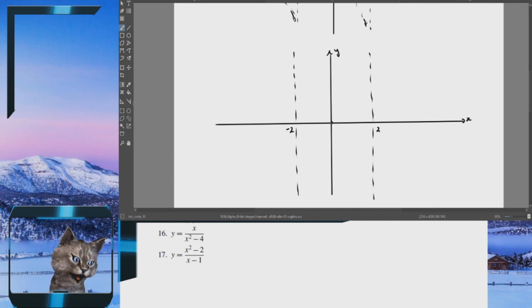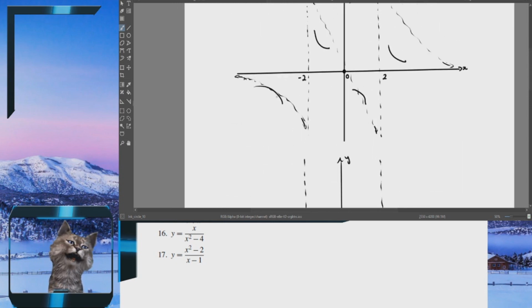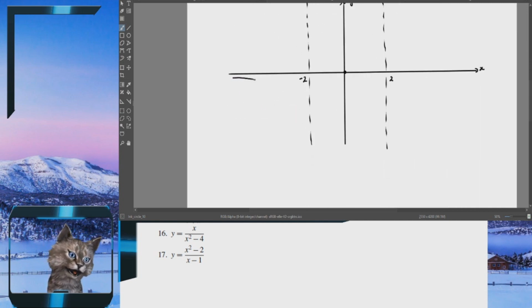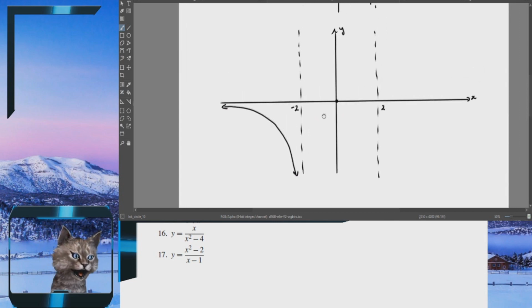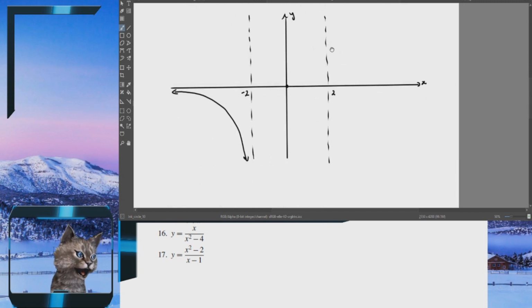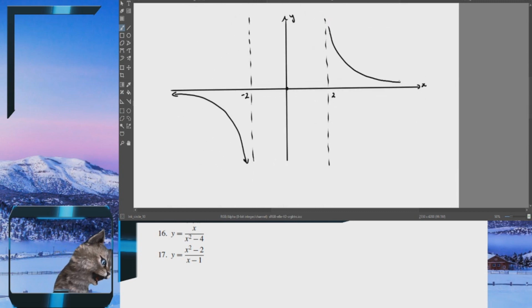I have my y-intercept, and I know for the left section it's going to be in this bottom left corner over here, like so. Trying to not be too wobbly. I'll do the right one next, up here, top right. It's going to be straightforward, a familiar shape that I've seen in rational functions already.